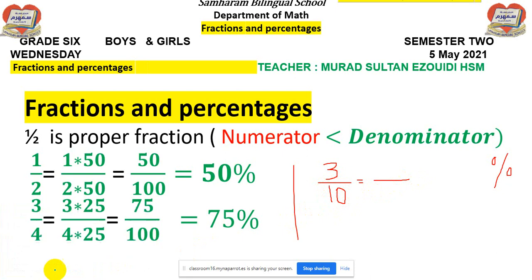You should multiply here by 10, the denominator by 10, and also the numerator by 10.